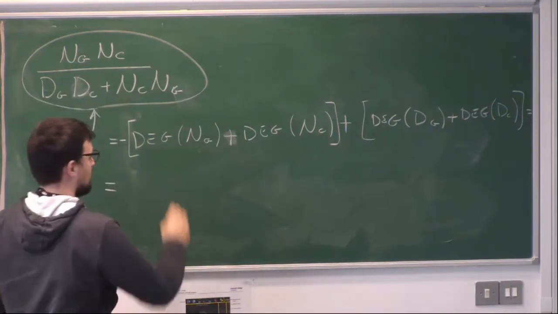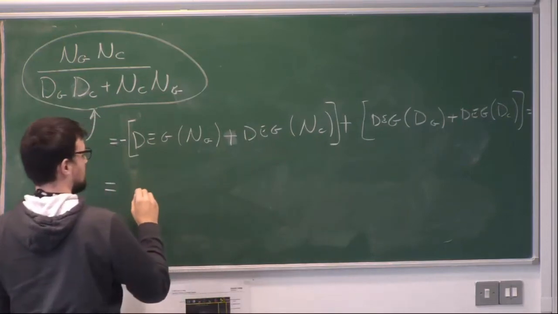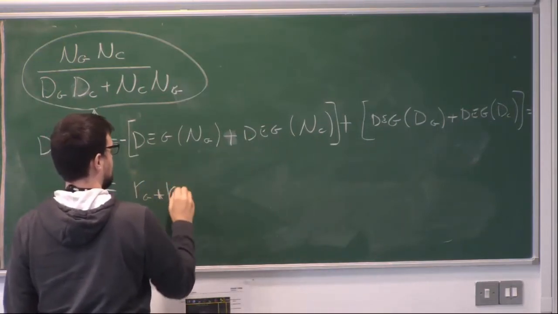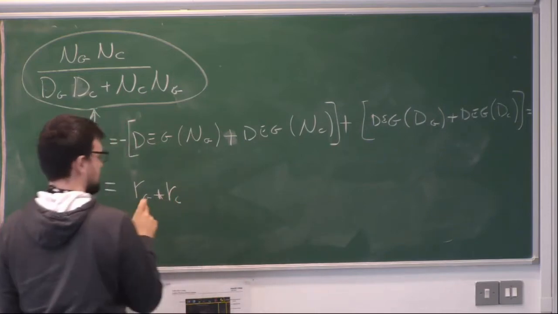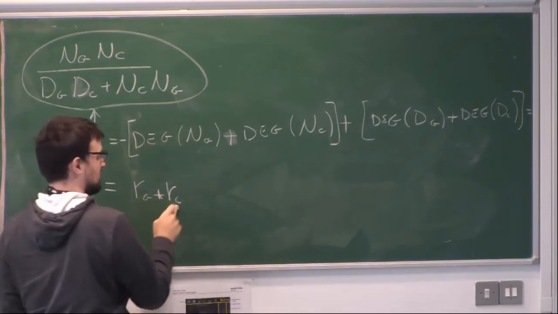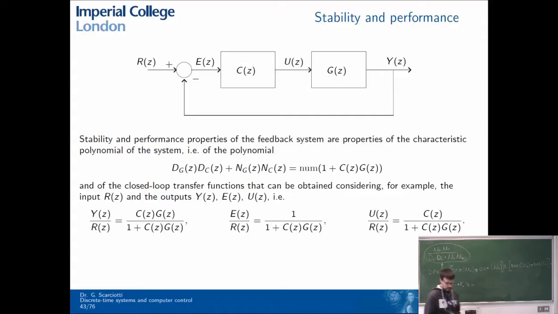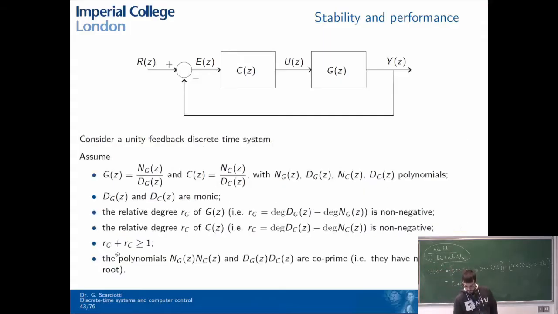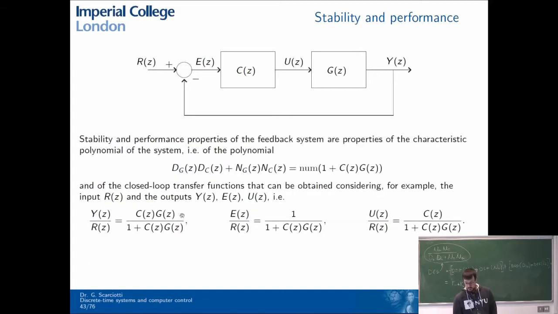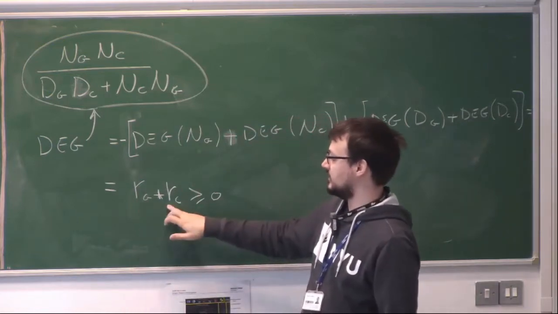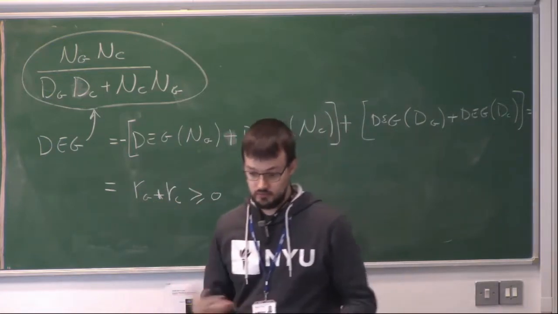So this, if we look at this expression, is equal to the relative degree of g plus the relative degree of c. And we know that since this is non-negative and this is non-negative, this is non-negative. But if we look back at the slide, our assumption is that this sum is greater than or equal to 1. So this implies that even though this can be 0 and this can be 0, they cannot both be 0 by our assumption.